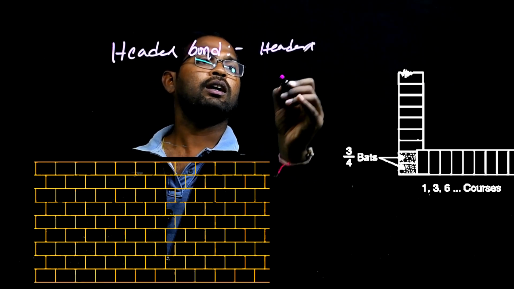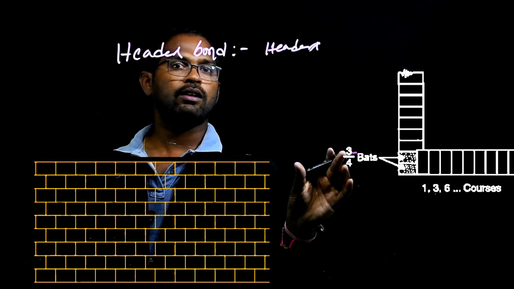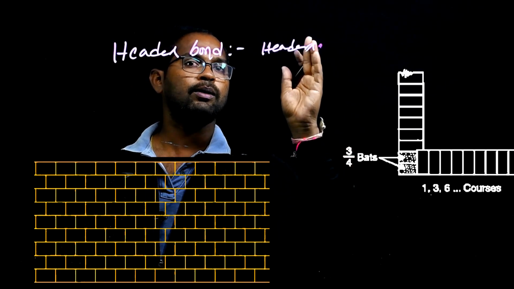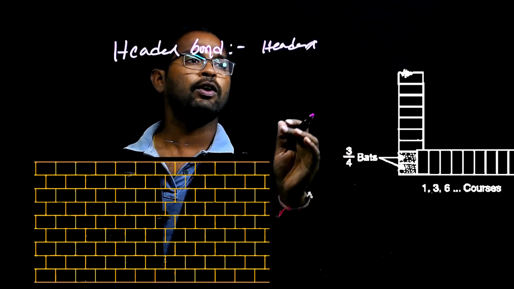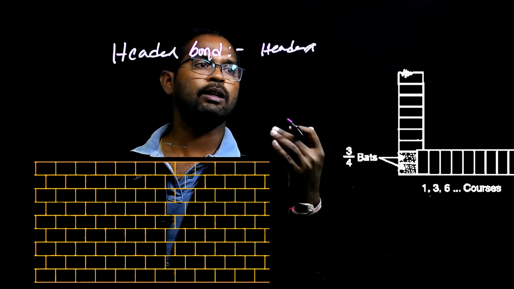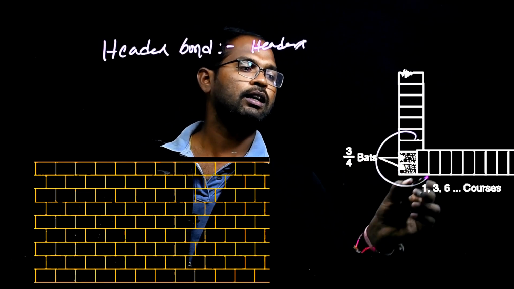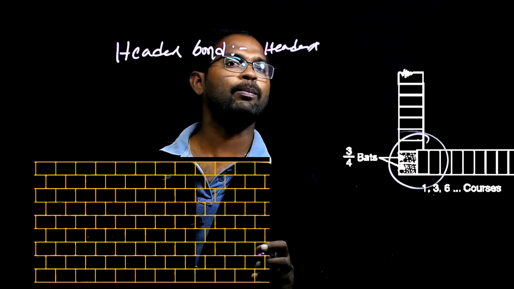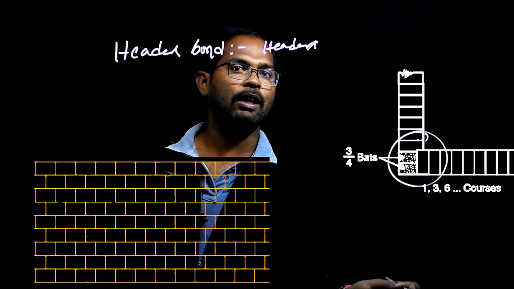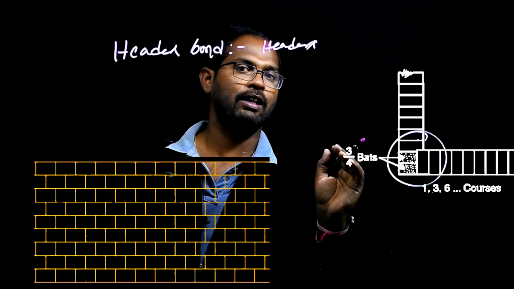In order to avoid vertical alignment of the bricks with only headers, we are introducing 3 by 4 bats. See, this is the 3 by 4 bat for avoiding vertical alignment or same alignment of headers.